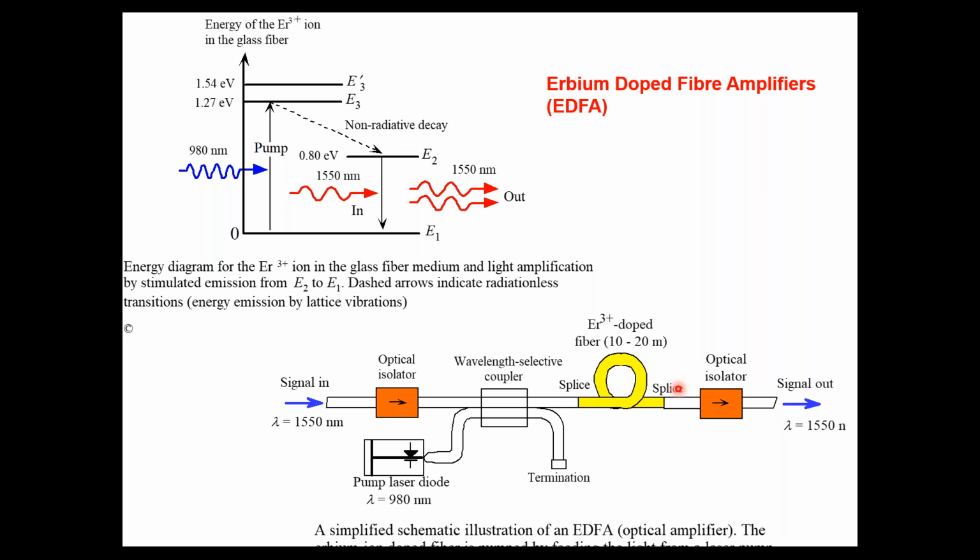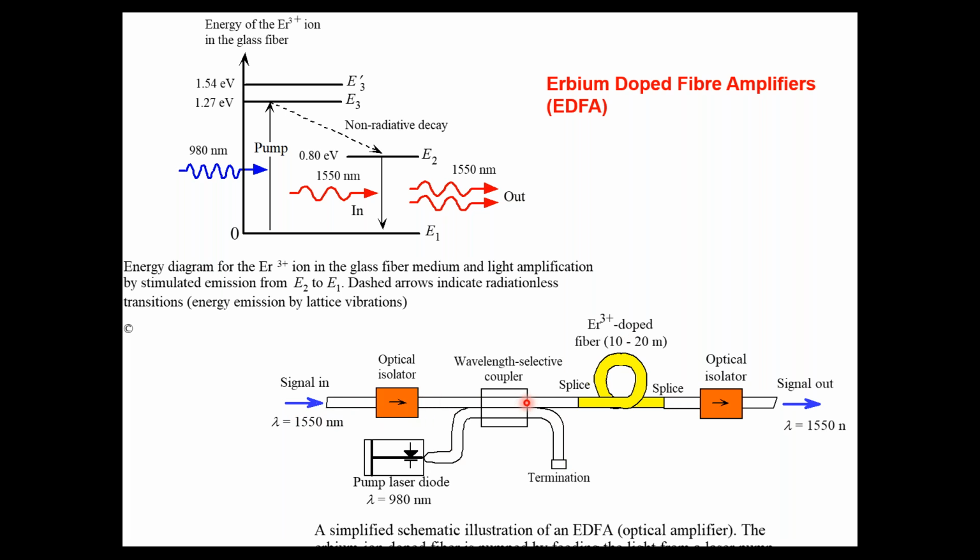Another thing we are very much familiar with is the erbium doped fiber amplifiers used in communication. Here the silica fiber is doped with erbium, and it is pumped with a 980 nanometer laser, and we expect the lasing transition to happen at 1550, so that the signal at 1550 can be amplified. This is the experimental setup for erbium doped fiber amplifiers.